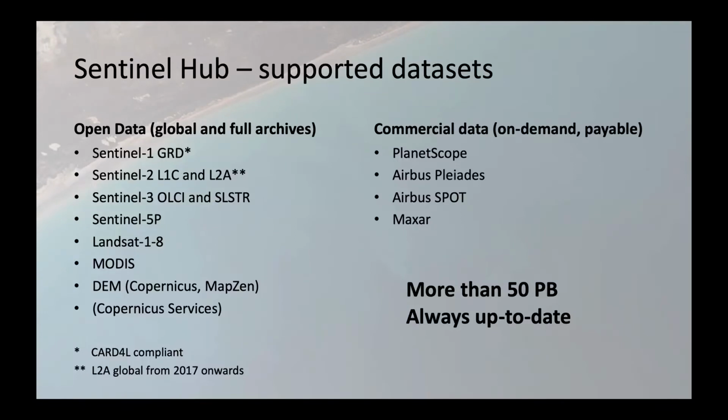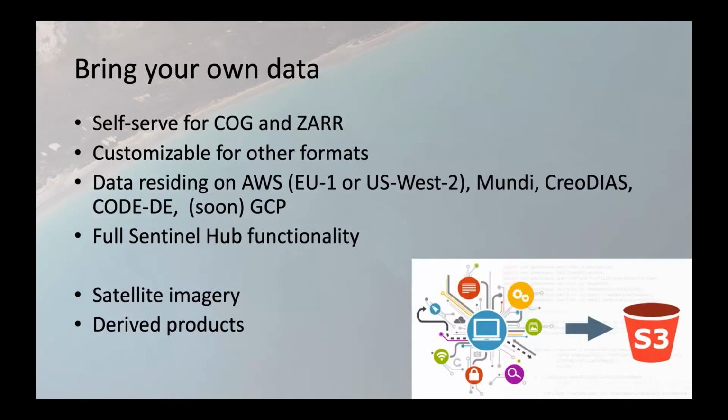The most important part, though, is that it basically covers all relevant open data collections, as well as the most important commercial ones. And we are talking about more than 50 petabytes of data, and the catalogs are always up to date. Now, there's never enough data, which is why a few years ago we decided to implement this bring your own data capability so that users could onboard their own files in it.